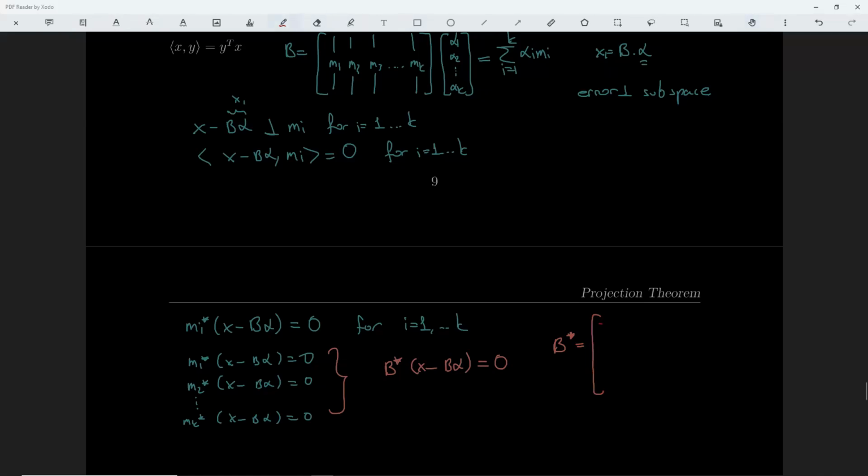So if the first column of B is M1, the first row of B conjugate transpose will be M1 conjugate transpose. And if the second column of B is equal to M2, the second row will be M2 conjugate transpose.